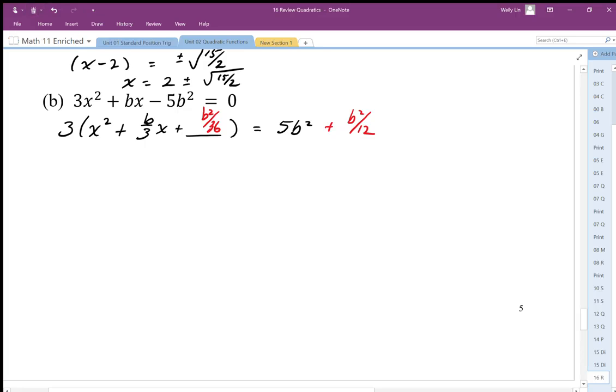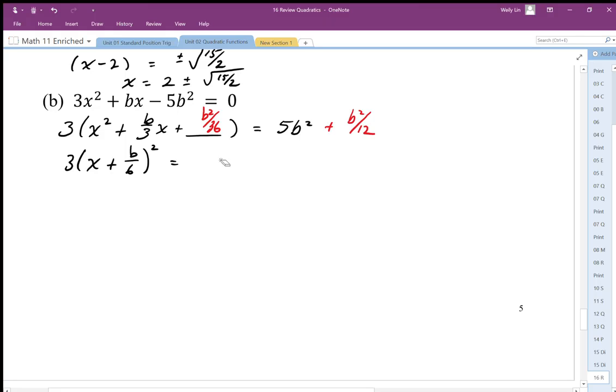Now I've completed the square, so I'm going to write that in the perfect square form. It's going to be (x plus b over 6) squared, and this is going to be 5b squared.